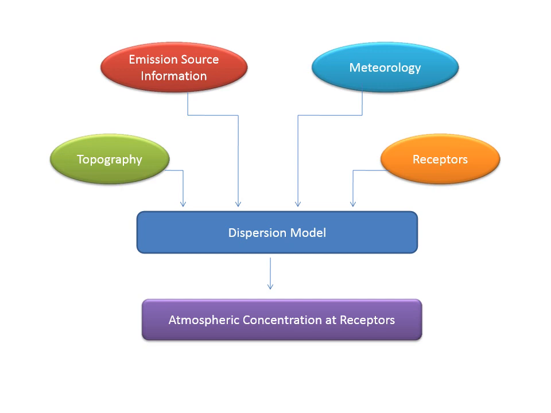So all these data are combined together and a mathematical dispersion model is used to find out the atmospheric concentration of the particular pollutant at any point or at any receptor.